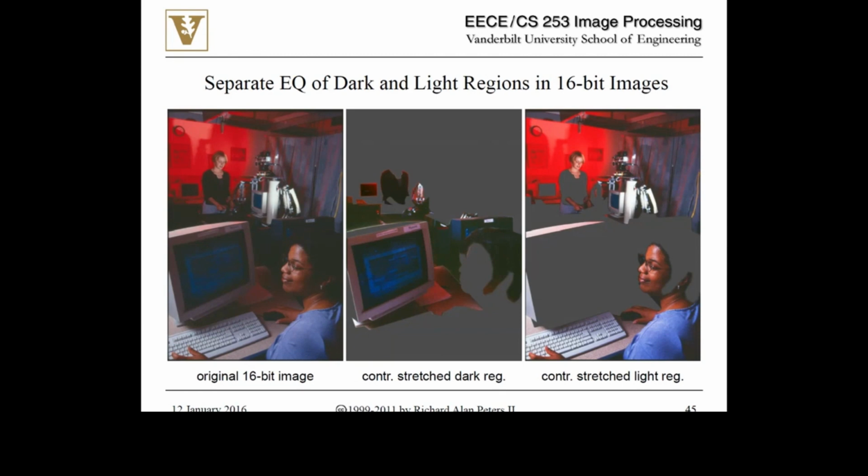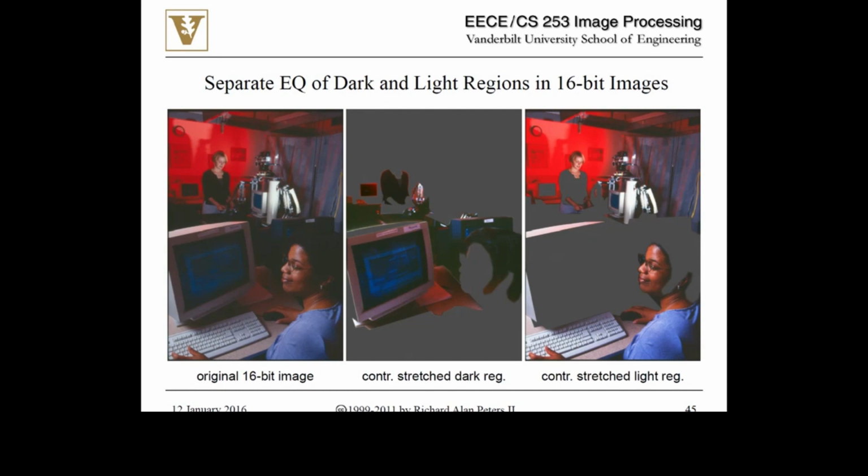Okay, so now let us play more with the bits. Let us say that we were not too successful in the equalization of this image because it had a lot of contrast, with very dark areas and very bright areas, and none of the transformations that we know were particularly successful. But now that we know about bits, let's say I separate this image in two parts, one the dark region, the other the light region.